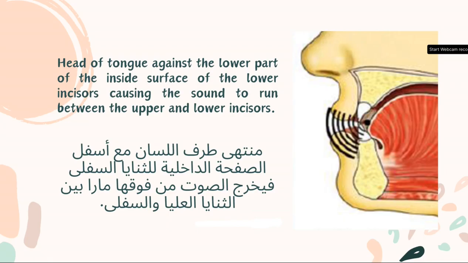Where is it? Now these here are the lower incisors. These are the front two teeth, but in the lower jaw. But we are saying the lower part of the inside surface. So if this is the upper part of the lower incisors, then this is the lower part.